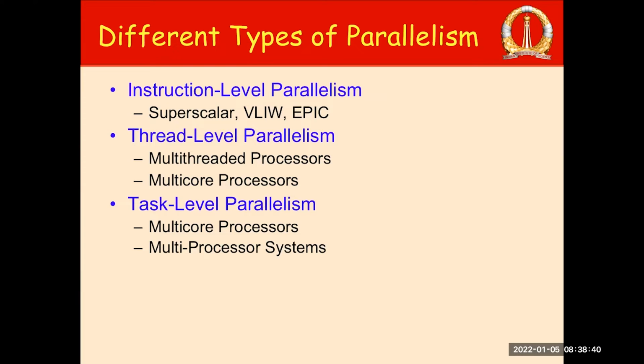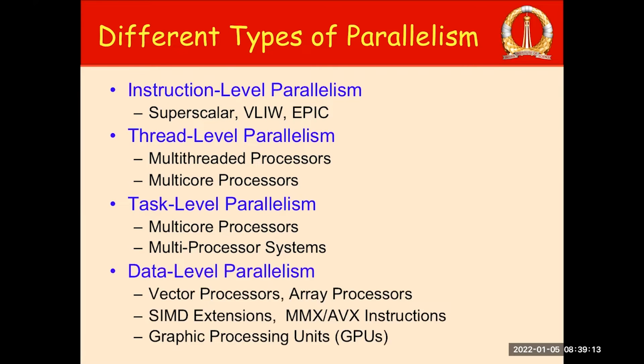Task level parallelism is exploited in multi-core processors, or also in multi-processor systems, which have multiple multi-core nodes in them. Thread level parallelism is a fine grained parallelism, exploited at a finer granularity, whereas task level parallelism is exploited at a coarser granularity.